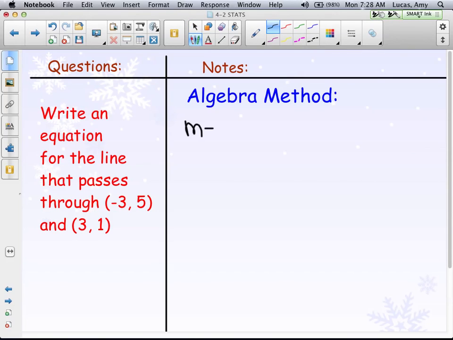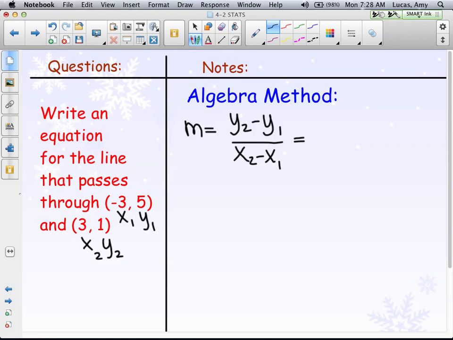Now the algebra method. We know that our slope formula looks like this, and we know how to use our slope formula from Chapter 3. So I'm going to label my x and y coordinates, first ordered pair and second ordered pair, and plug in these values.